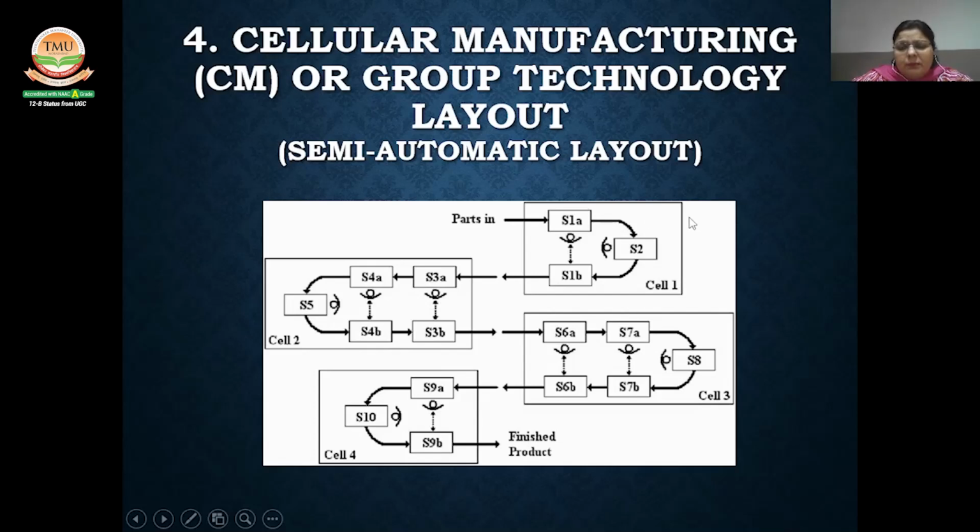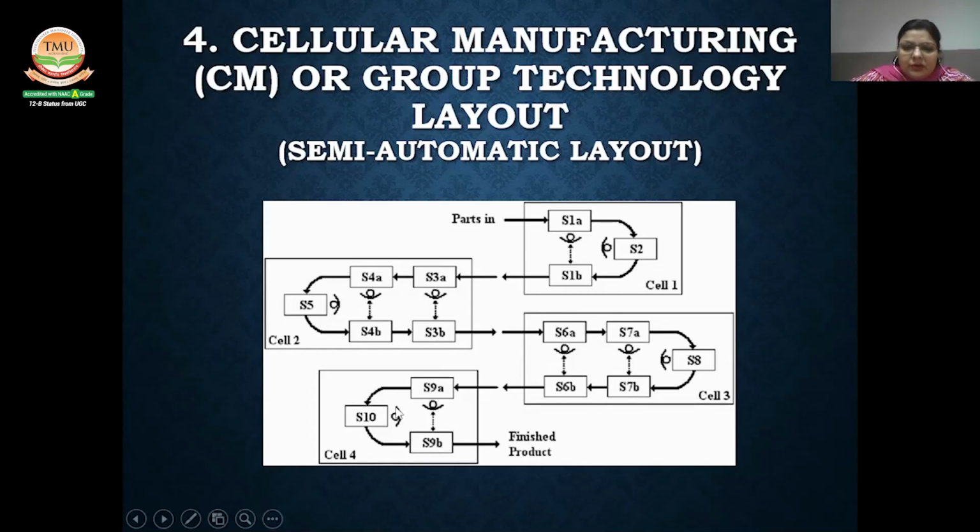We can take the example of trucks and cars. First of all, the upper frame is made by cell 1. In cell 2, we will make the tires and tubes of the particular car. In cell 3, we will make the mirrors and glasses, or we can say the brakes of that particular car, or we can say the transportation object.